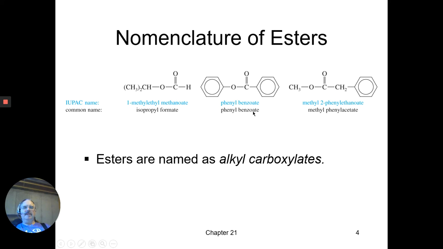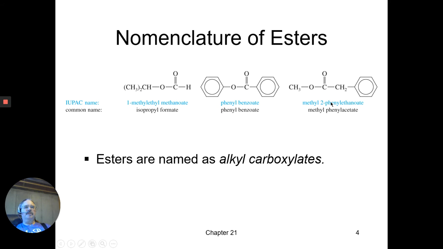Right, this is phenyl benzoate. This part of it is the benzoate. Benzene ring as a substituent is a phenyl group. Okay, this is derived from 2-phenylethanoic acid or phenylacetic acid.